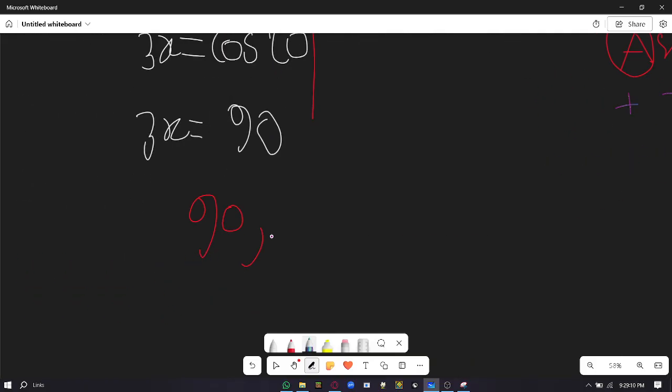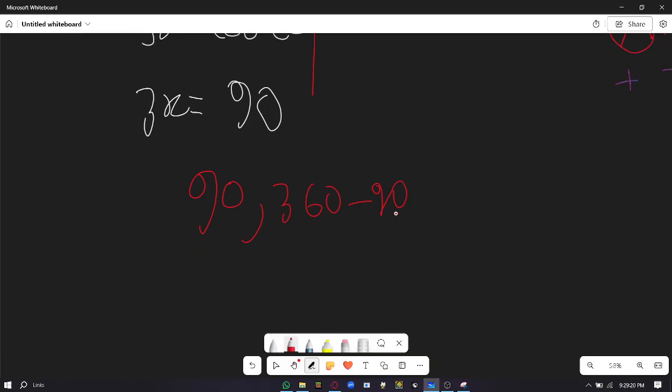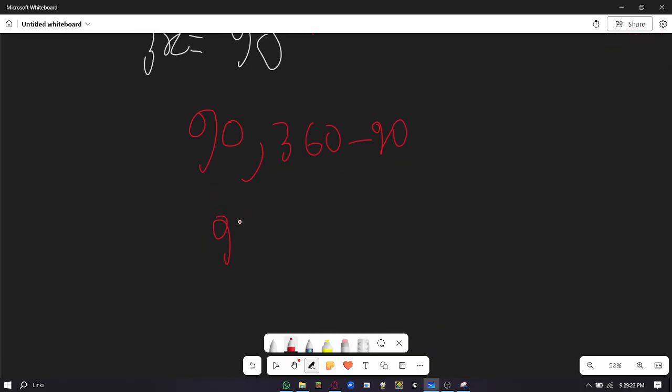So we have 90 and 360 minus 90, which is 270. So we have 90 comma 270. Now x is that divided by 3, so 90 divided by 3 is 30. So we have 30 comma, then 270 divided by 3, we have 90.